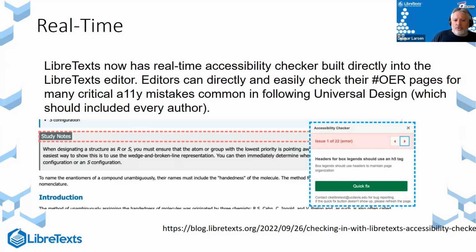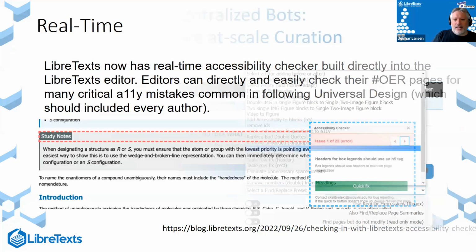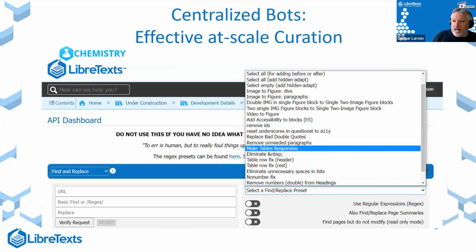So the key point is to support authors in generating accessible content while they're writing, while the bots do it after the fact. And I encourage anyone to get an account with us and take a look at this code that's there.